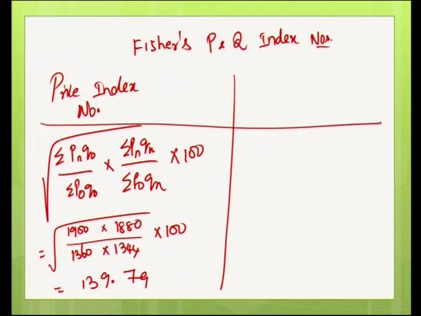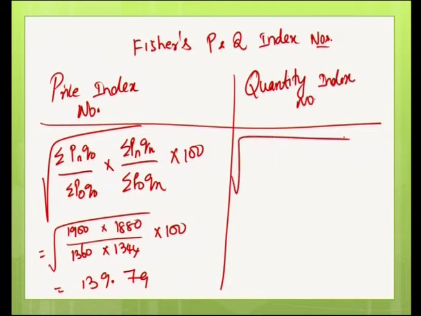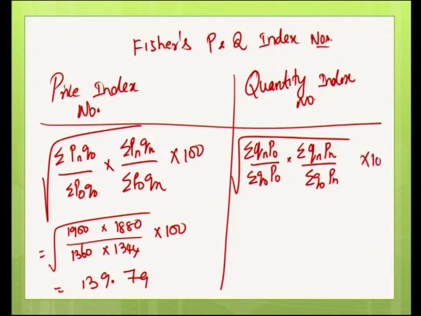Just see how quantity index number are calculated. So, quantity index number is root of, reverse the role of P and Q, summation Qn P naught by summation Q naught P naught into summation Qn Pn by summation Q naught Pn into 100.